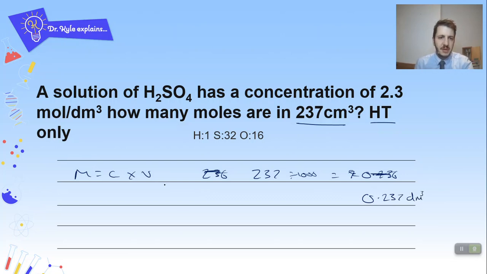There's my volume. I've got 2.3 moles per decimeter cubed. So therefore, M equals 2.3 times 0.237 equals, if I just stick this in my calculator down here, that comes out as 0.55 moles. Really well done if you got that right.